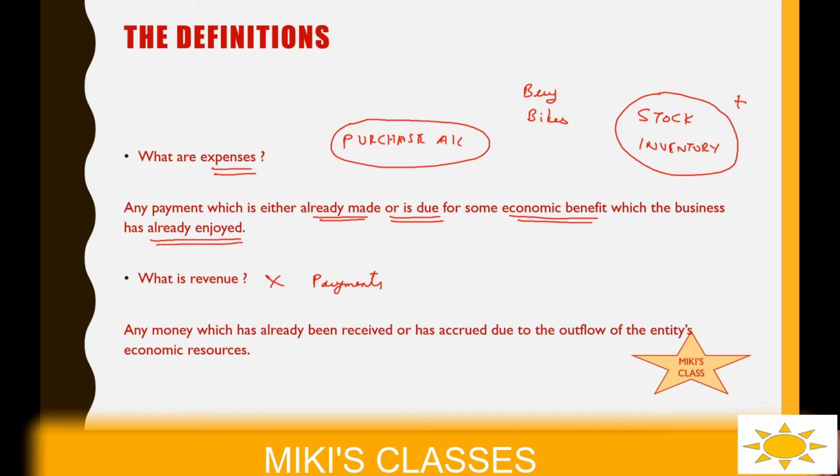The amount of inventory which you have, the amount of stock which you have, which in your case is bikes, has gone up. So you've already enjoyed an economic benefit. Because the inventory is more, now you'll be able to sell that, right? So purchase account fits the definition of an expense. Fine? Okay, let's move on now.